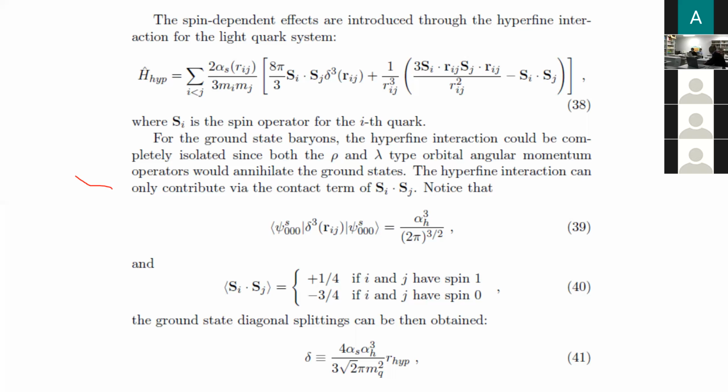That's the origin of the extra 1 over r squared. It's the same calculation as when you compute the dipole interaction in electrostatics. Is that okay? Yes, thank you very much. Thanks for the comments, it's more explicit.